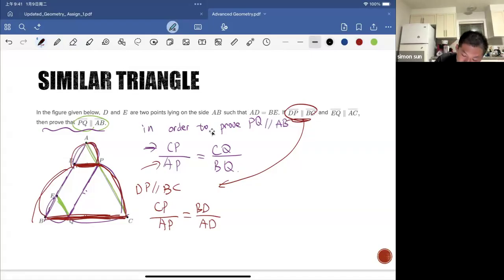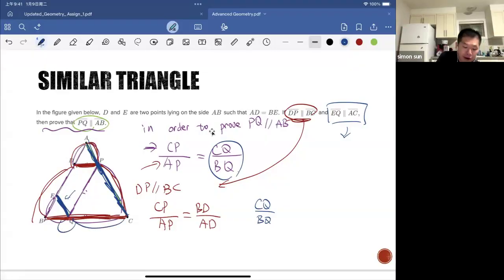And we also have another condition here: EQ is parallel to AC. I would just use a different color. Now, for the blue lines, this one is parallel to the base, then the other two sides will be divided into the same ratio. So this one, the CQ over BQ, is actually equal to AE over BE.